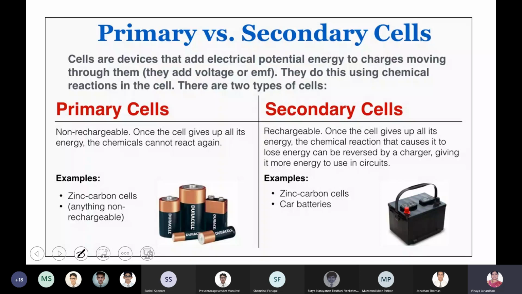Primary cells are non-rechargeable. Once it's completely used, you have to replace it. But secondary cells are rechargeable. In cars, do we use secondary cells? Yes, ma'am.